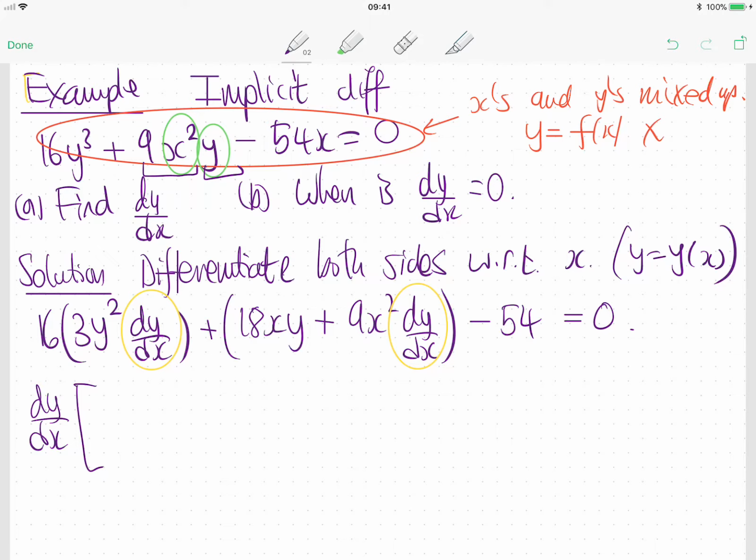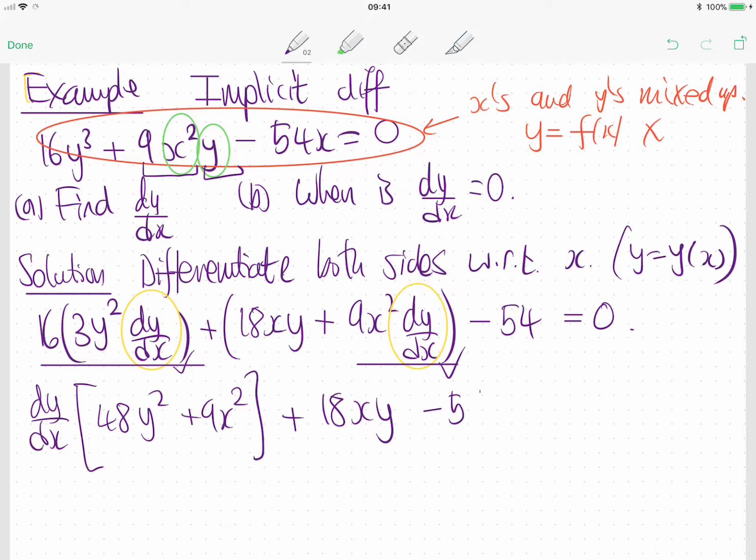So we have 16 times 3y squared in the first term, so 48y squared. The third term, 9x squared. That's that done. What's left over? Just move that away from the dy dx. We have this and this.